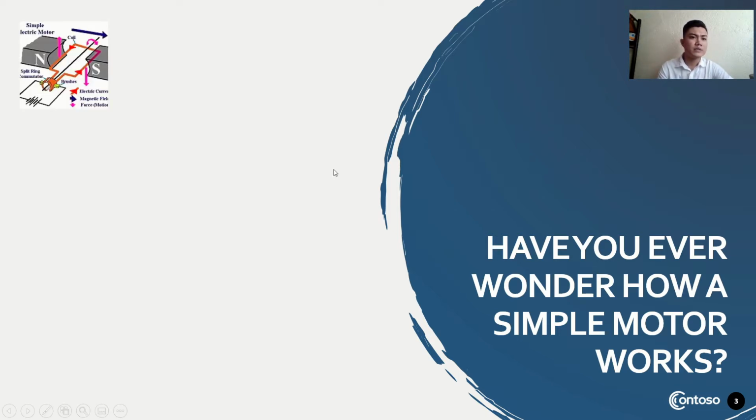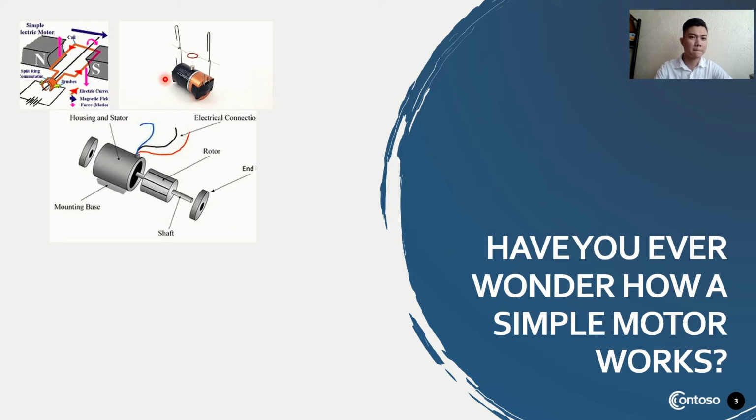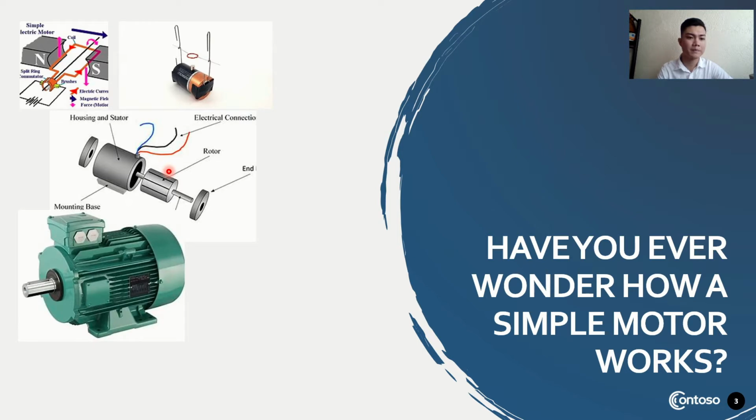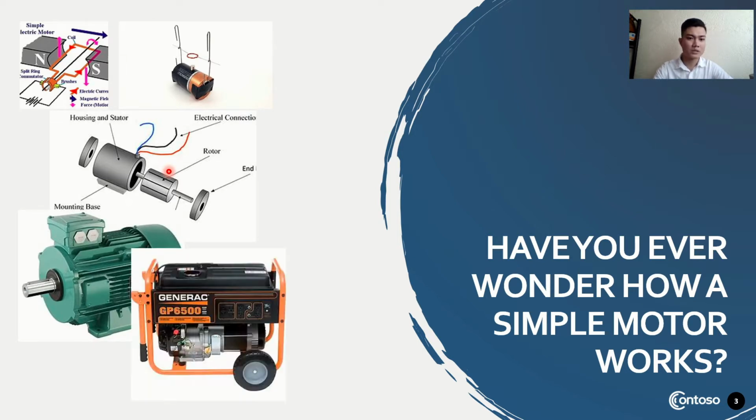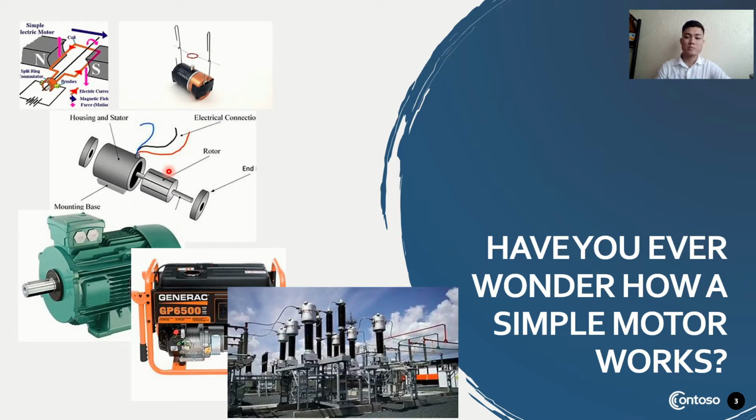From this very simple idea, this is what happens inside a dynamo. We applied it and tested it using that simple device. Then we make it a little bit higher or more creative. This is the part inside the dynamo. Then we have the electric motor, then a generator, up to this power plant.